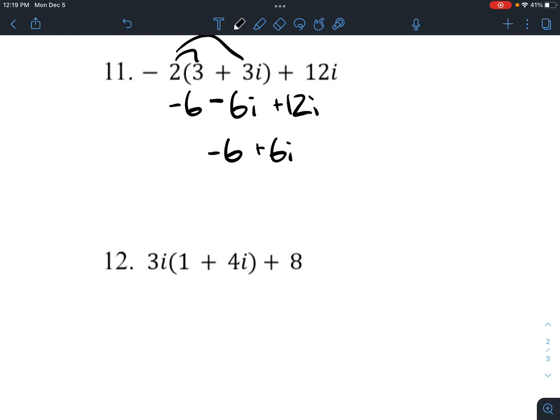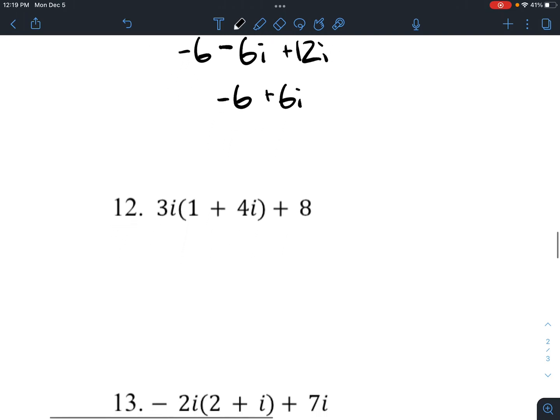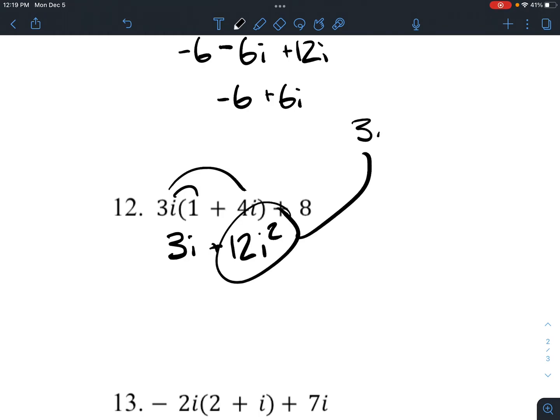And the next problem, things are getting a little bit different because we have an i that we are going to be distributing, but we're going to do it in the same process. So we're going to have 3i plus 12i squared. So this term is 3i times 4i. We're going to get i squared plus 8.